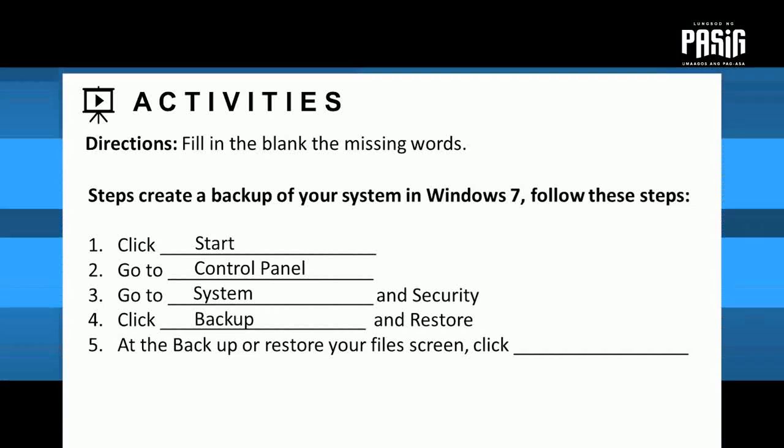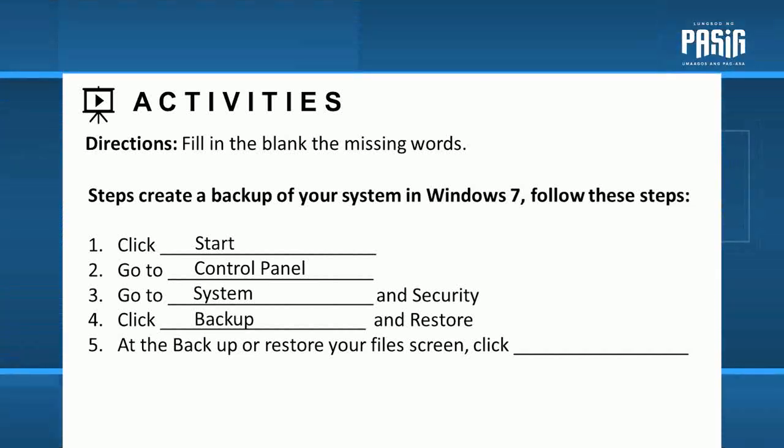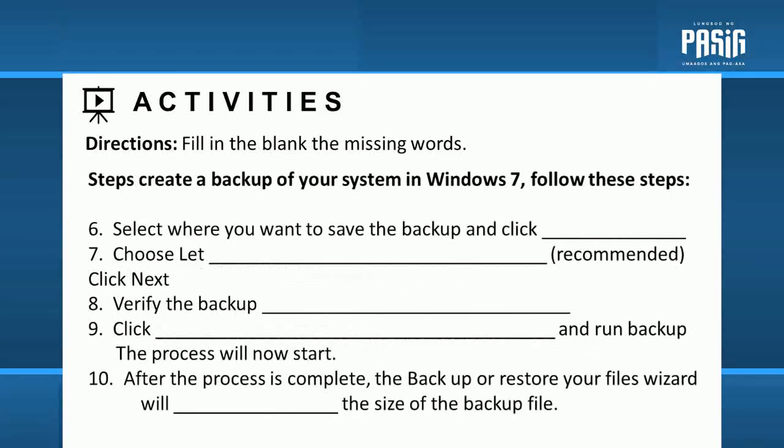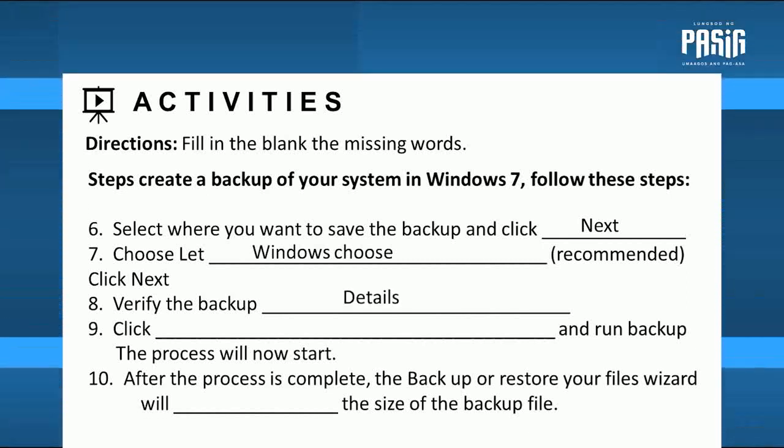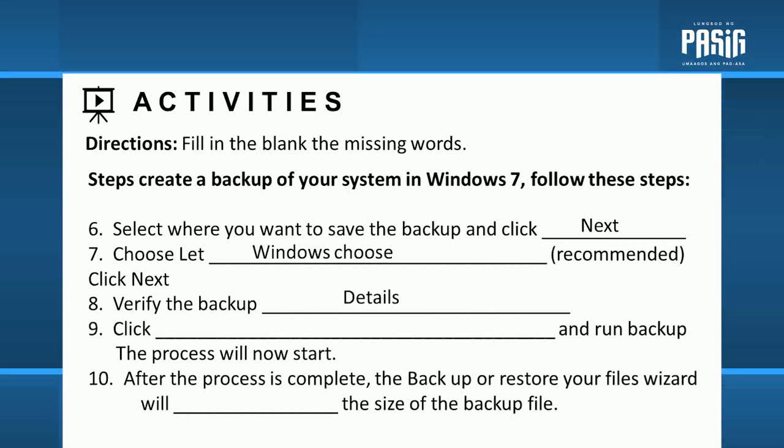Number 5, at the Backup or Restore Your Files screen, click Set up Backup. Number 6, select where you want to save the backup and click Next. 7, choose Let Windows choose (Recommended), click Next. 8, verify the backup details. 9, click Save Settings and Run Backup.